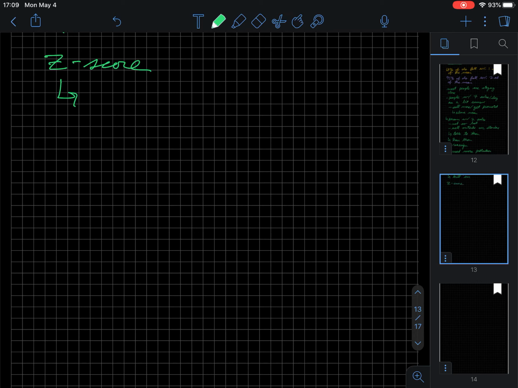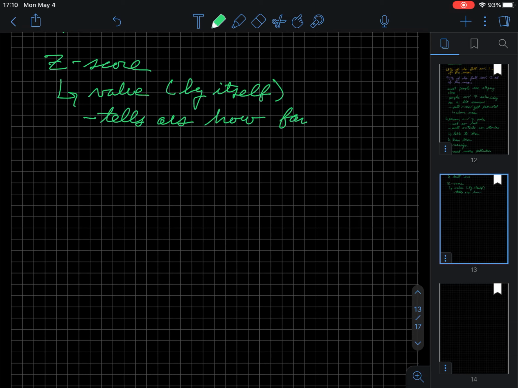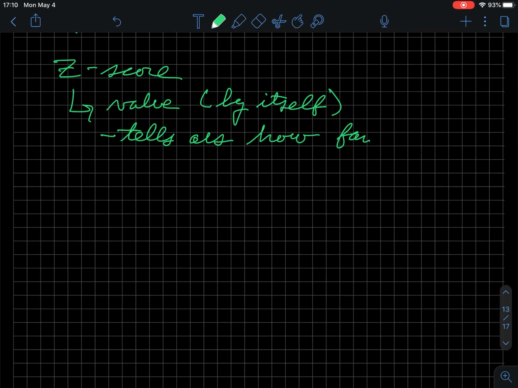One, it gives us a value, and by itself it tells us how far out something is.